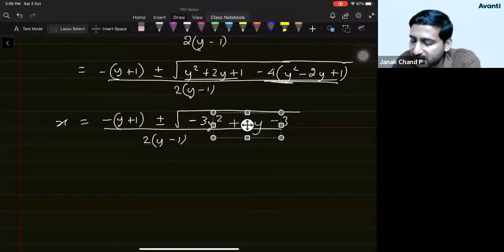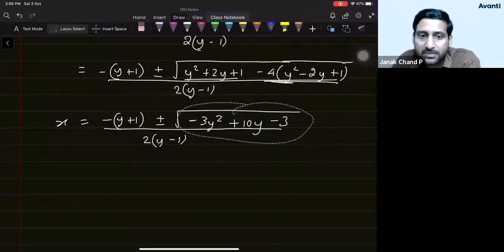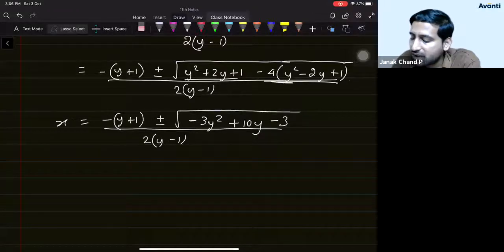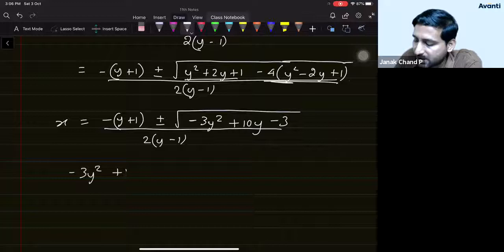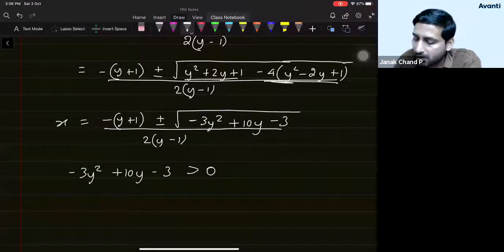If this is negative, square root of negative will be a complex number. It will not be a real number. So we should ensure that we are not getting a square root of a negative number, but this should be either positive or 0. So the only thing we should be worrying about here is this minus 3y square plus 10y minus 3 should be either positive or it should be equal to 0, right?